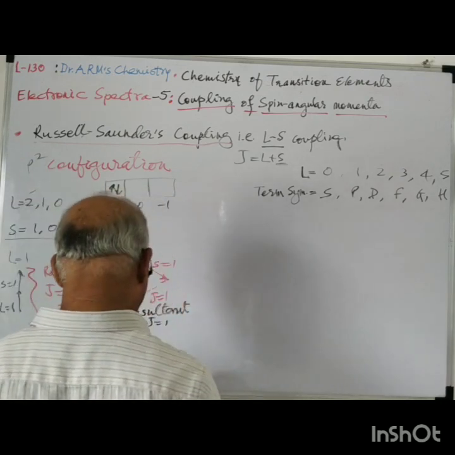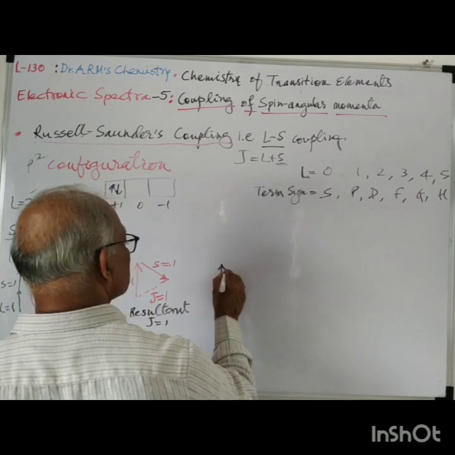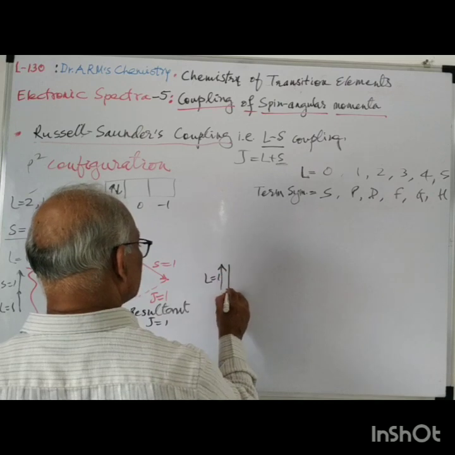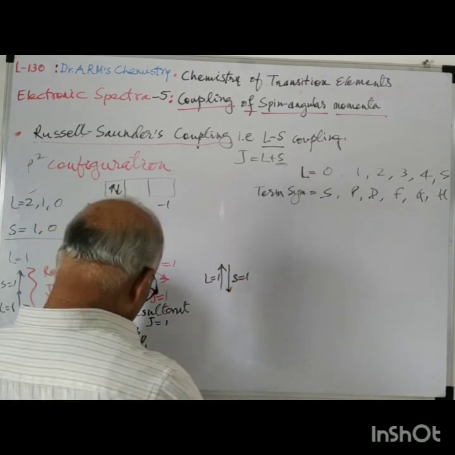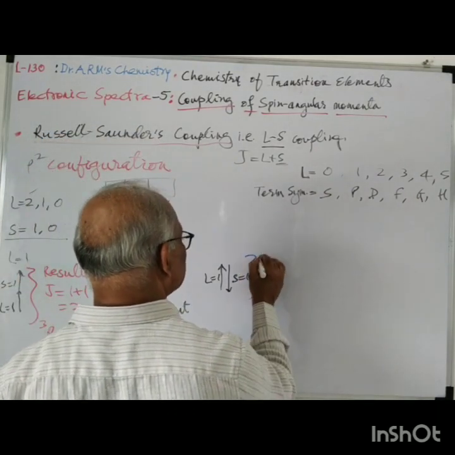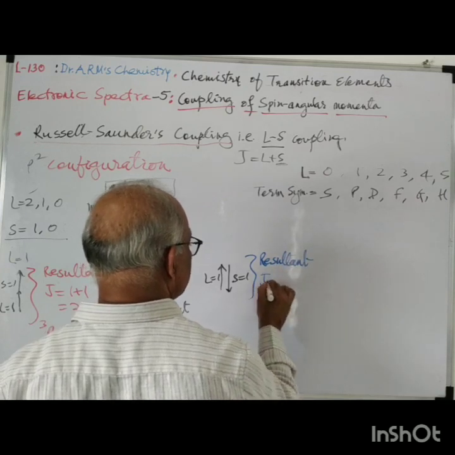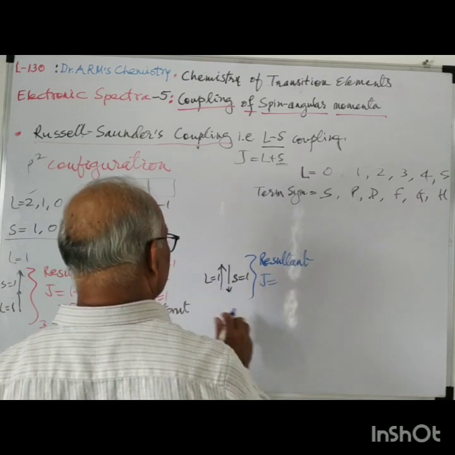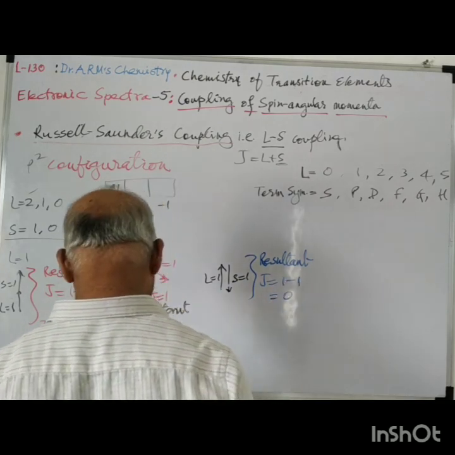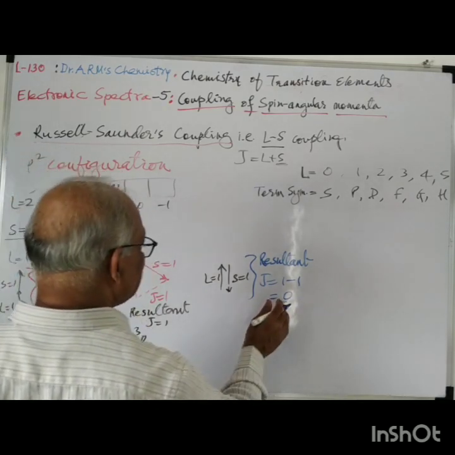And now for another term, when L is equal to 1 and S is equal to 1, then the resultant J is equal to 1 minus 1, that is 0. So the J value is 0.